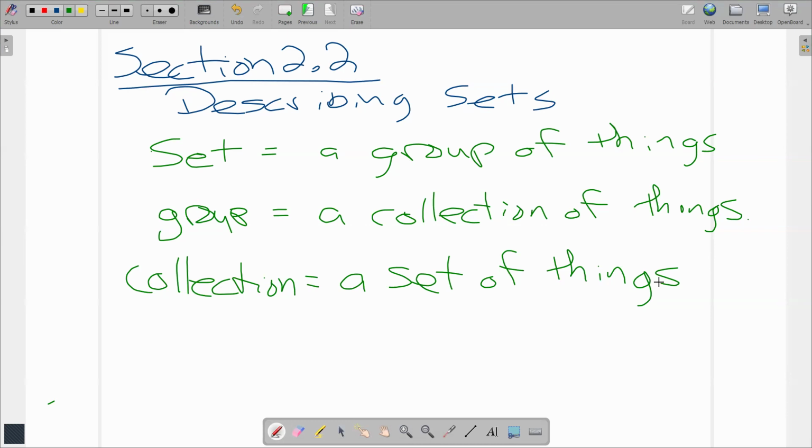There's some words and ideas that are so basic that I just got to show you what it is, and we all just get used to that idea, right? So what's a set? This could be a set. This could be a set.